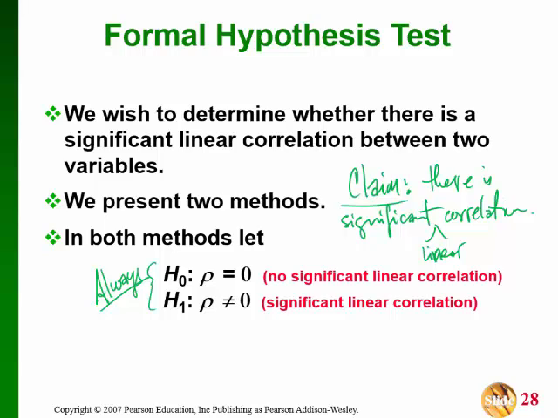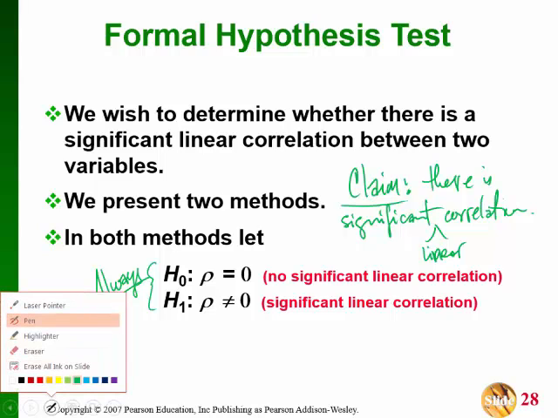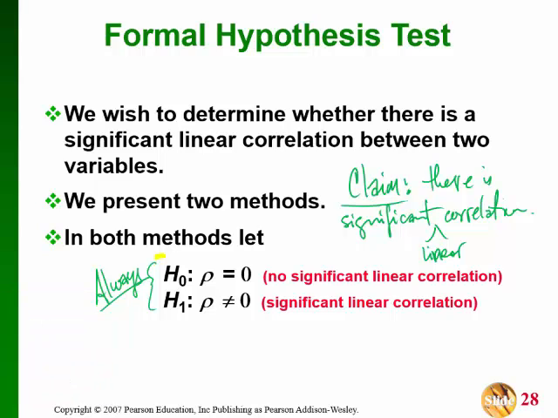So when I say test for correlation, I'm probably not going to state, test the claim that there's correlation. I'll just say test for correlation, and then you should assume that your claim is this. I don't care if you write this down, but I do care that you write down your null and alternative hypothesis, because it is a hypothesis test after all.